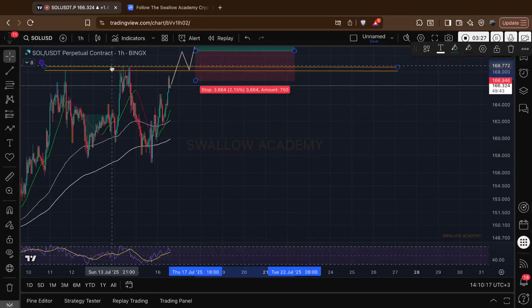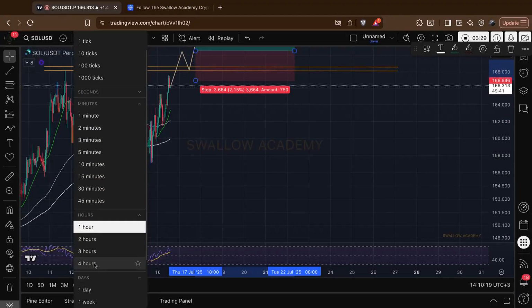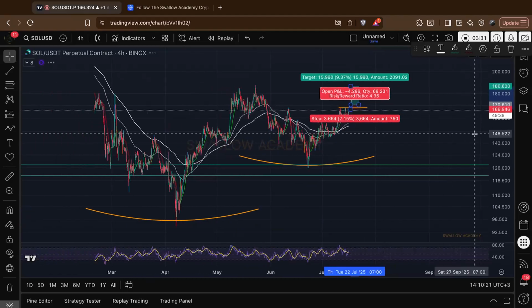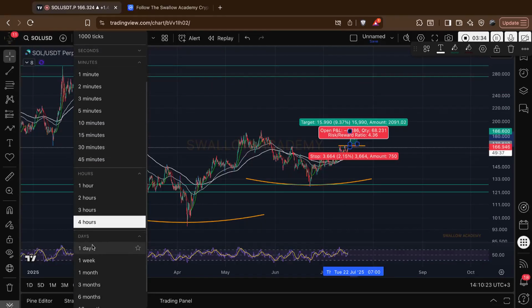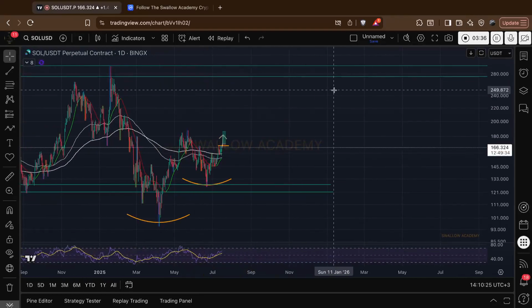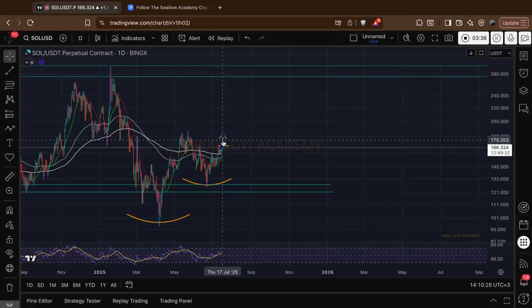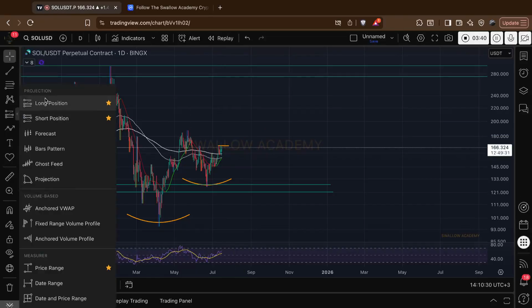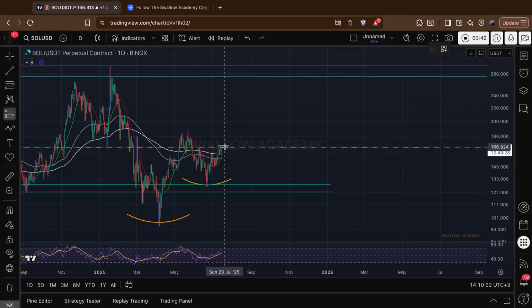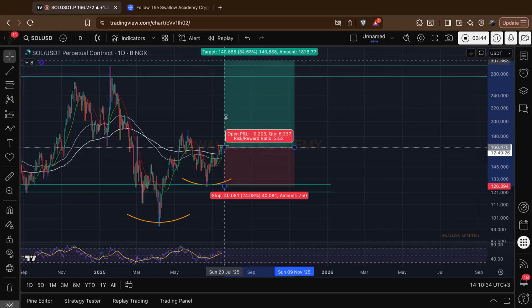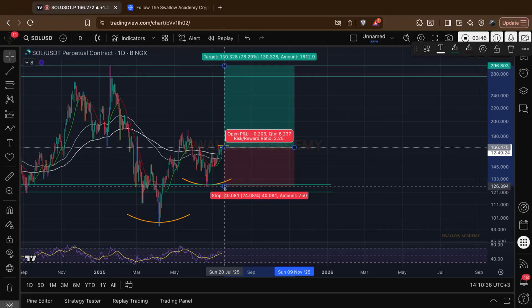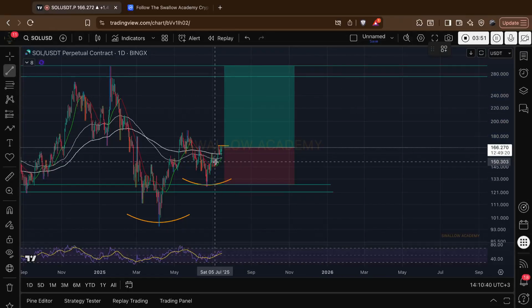What most interests us is, of course, the 4-hour or daily time frame. So on the daily time frame, the potential target movement or entry zone would mean going from basically the current market price, with the target being this region, the stop loss being slightly here, and having multiple entries as well.